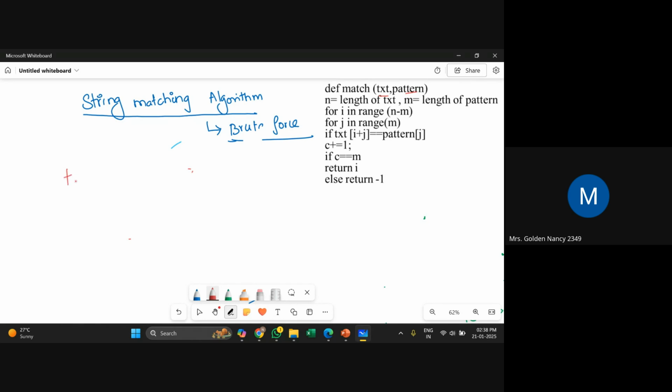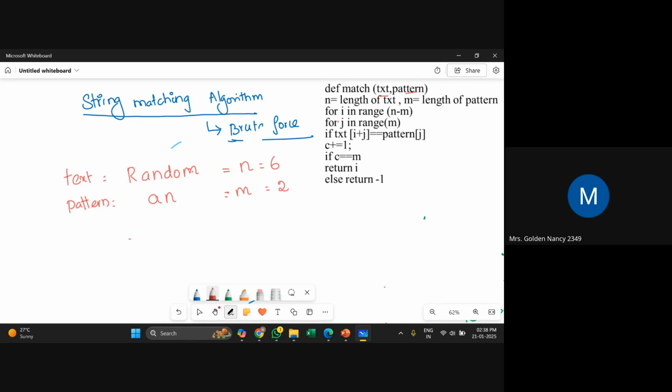The text I'm taking as t equal to 'random', and the pattern that I have taken is 'an'. So you are just defining the text and pattern, where n is the length of the text and m is the length of the pattern. The value of n here is 6 and the value of m is 2. There are 6 letters in the text and 2 letters in the pattern.